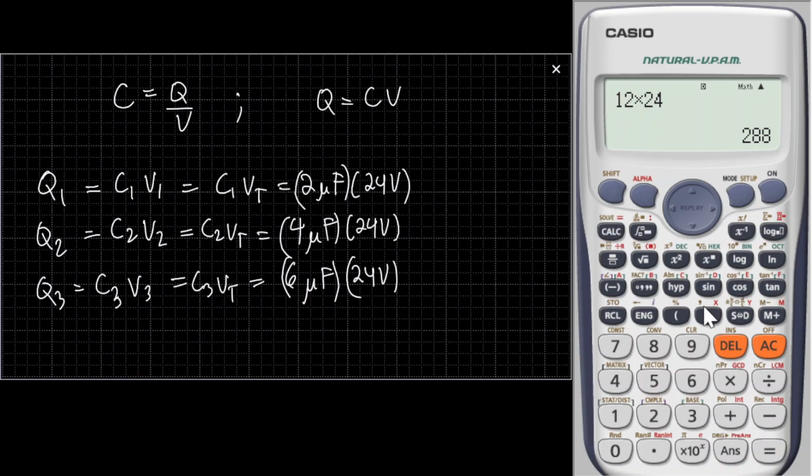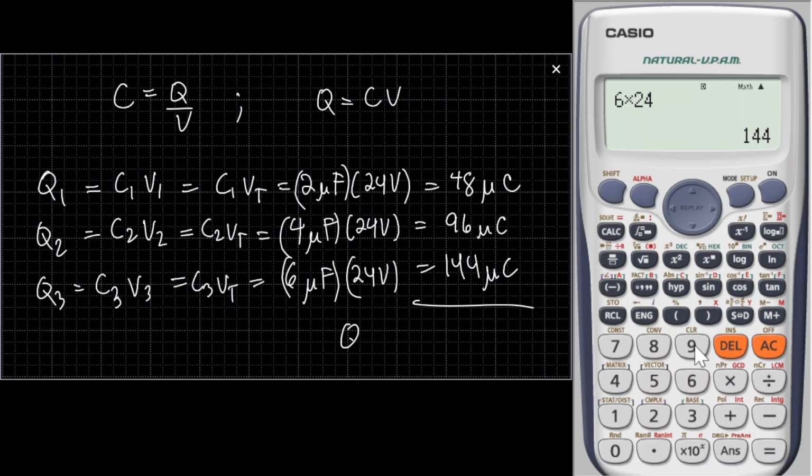So, try natin siyang i-plug in. 2 times 24 would get 48, right? Microcoulombs. Here, 24 times 4, you would get 96 microcoulombs. 6 times 24, that's 144.